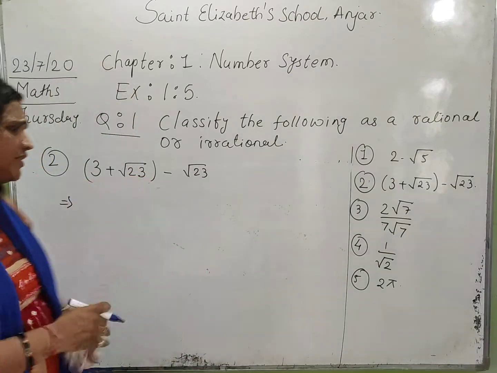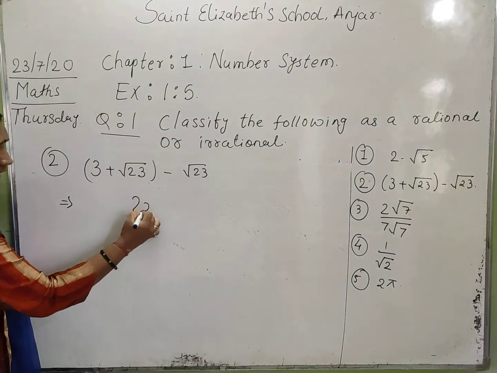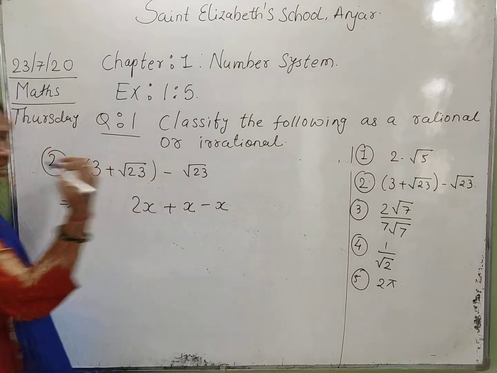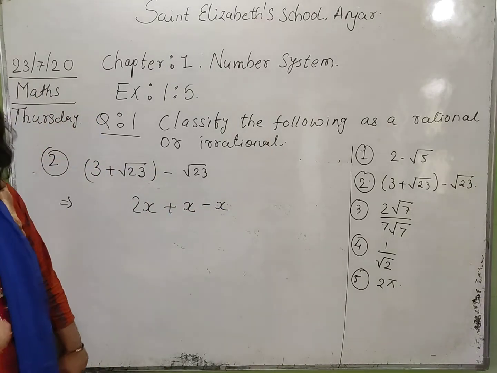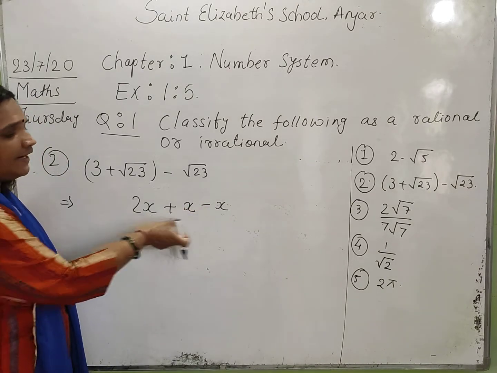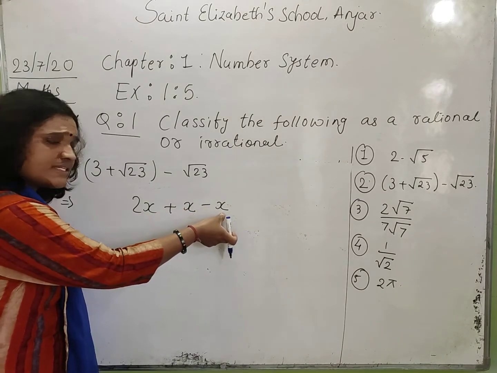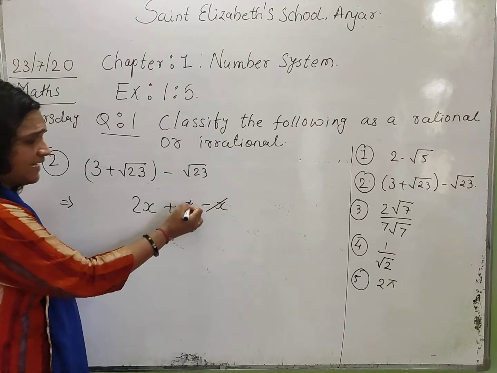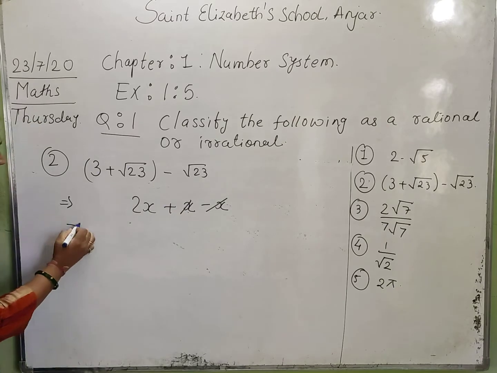A simple example: you have 2x plus x minus x. These are all like terms because the degree of x is 1 in each. So this plus x and this minus x will cancel, so your answer is 2x.